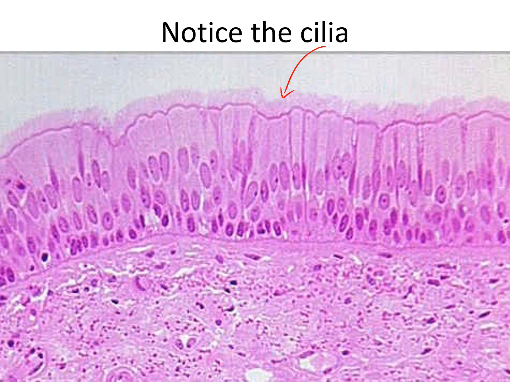It helps to move along a current. It sweeps something along, whether it's mucus or sperm. Where's two locations you'll find this tissue? Lining of your nasal cavity and your trachea. Where's the basement membrane in this picture? Down below, notice the transition to a different tissue type.